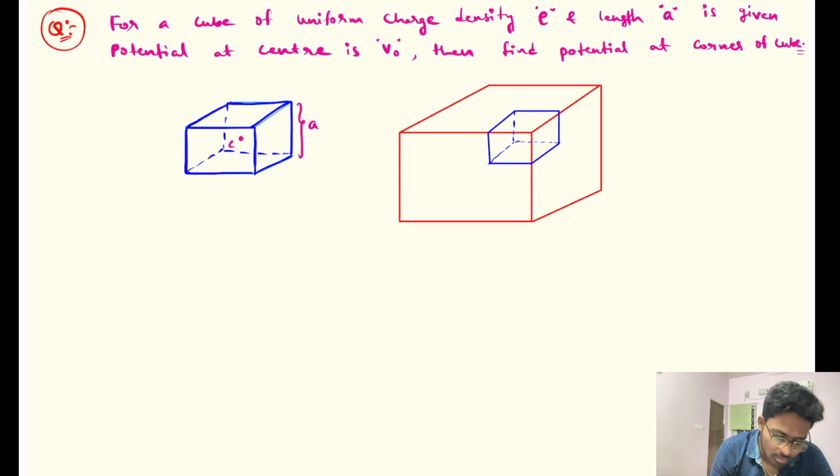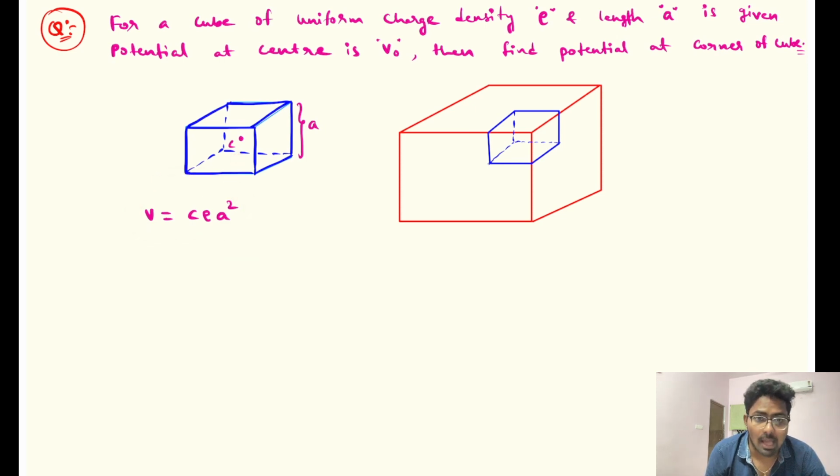Now by using the previous concepts that I've told, you can write the potential at the center using the formula. Some C, not the previous C, it can be a different C as well, into rho into a square. So this will be the potential at the center.